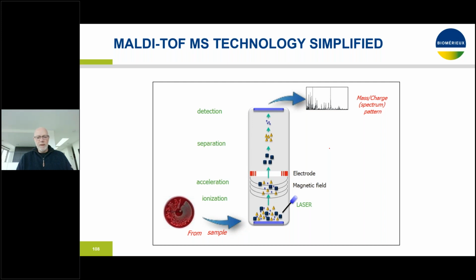bulky. The other thing is the fact that this all happens in a vacuum, and for a vacuum you need pumps, and pumps are heavy and noisy. You can isolate that pretty well, but this is still something that is not very compatible with a friendly laboratory life. And the other thing with vacuum is that they are sensitive to perturbation.